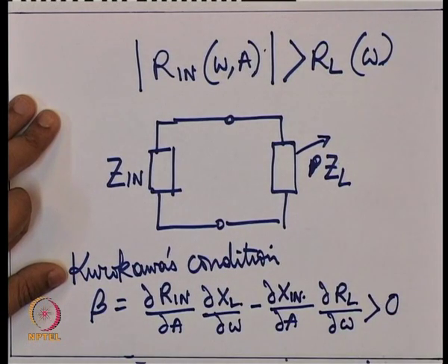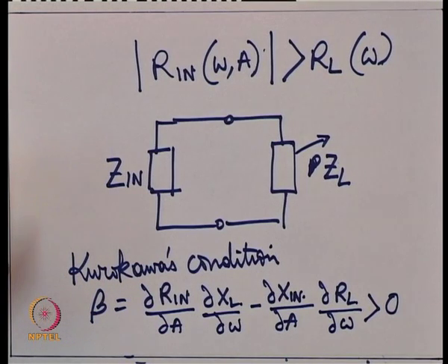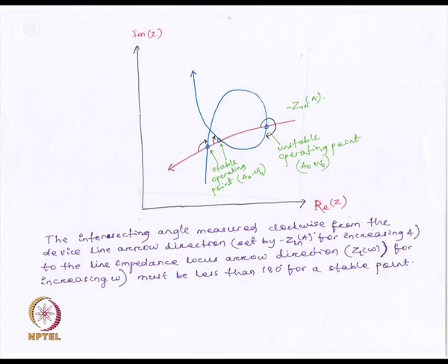If this condition is satisfied, then we can safely say that the oscillation is stable. That is, the oscillation will continue at a constant amplitude.